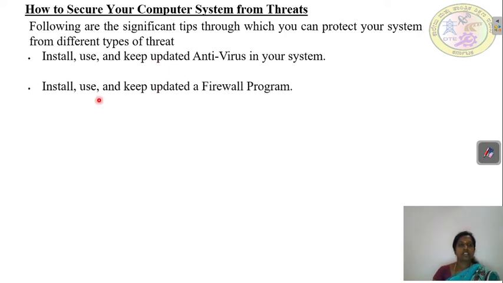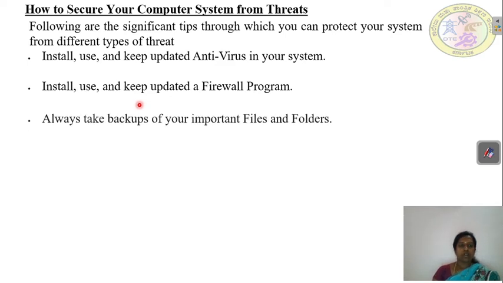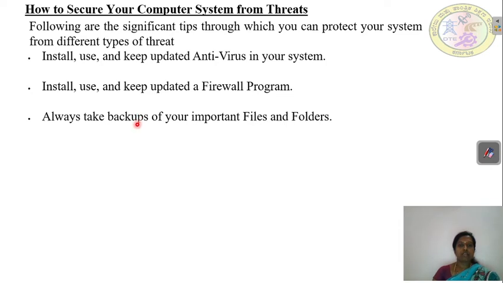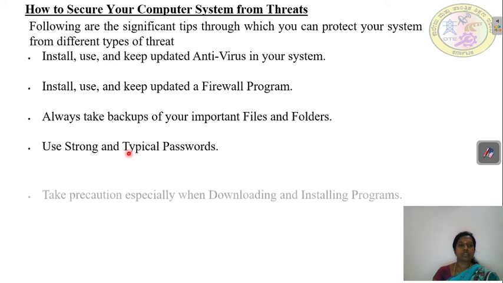Next, install, use and keep updated firewall program. Always use backup of your important files and folders. Create a duplicate copy of important files and data of your computer. Use strong and typical password. In order to provide security, use a necessary and very typical password.